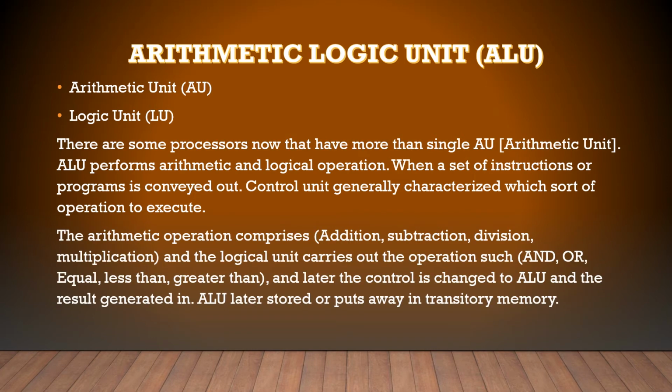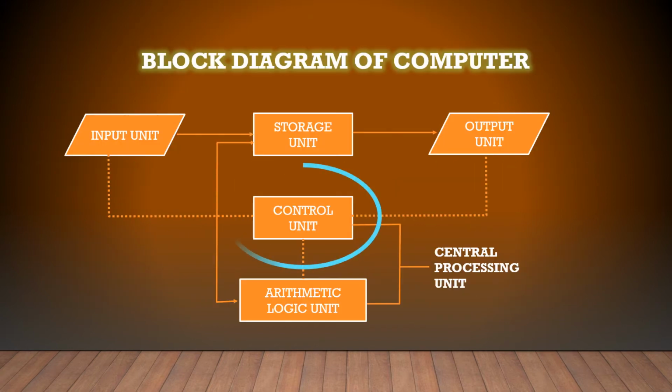The arithmetic operations comprise addition, subtraction, division, multiplication, and the logic unit carries out operations such as AND, OR, equal, less than, greater than. Later the control is passed to ALU, and the result generated in ALU is later stored or put away in temporary memory.